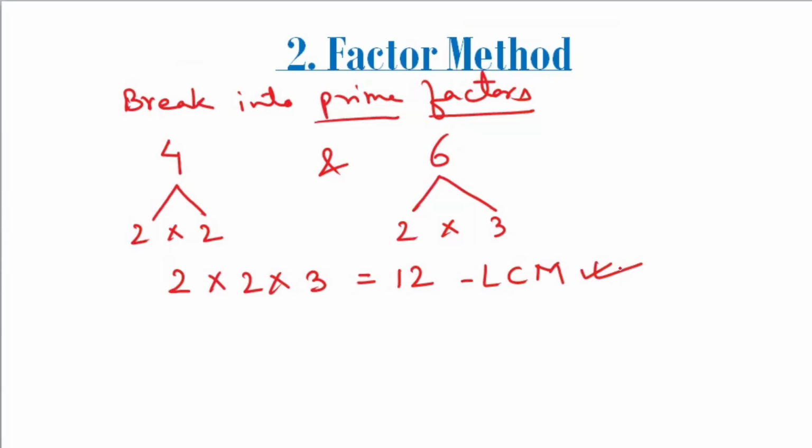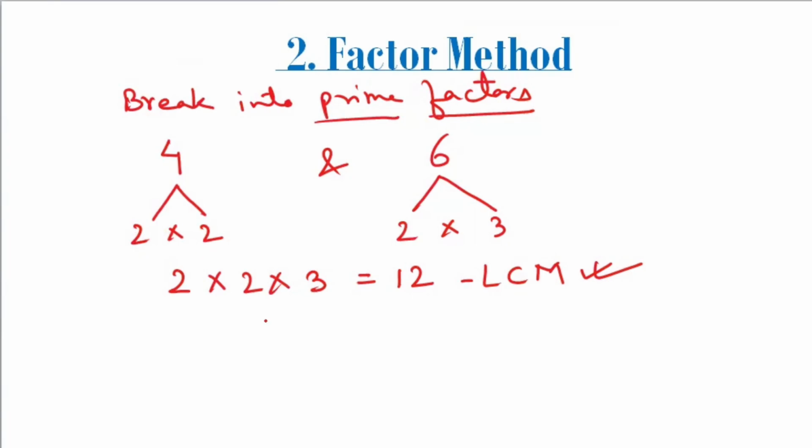If you like the prime factor method, you can go by like this. If you like the list of multiples, then you can go by that way as well. Both will give you the same answer. Just in the factor method, keep in mind that you don't have to repeat the numbers.